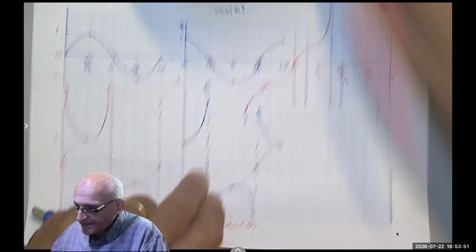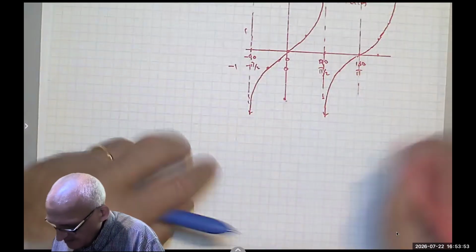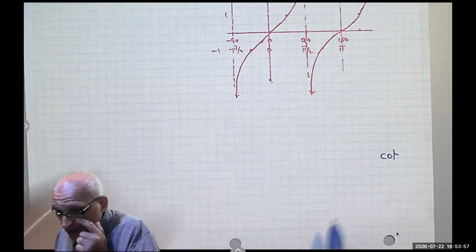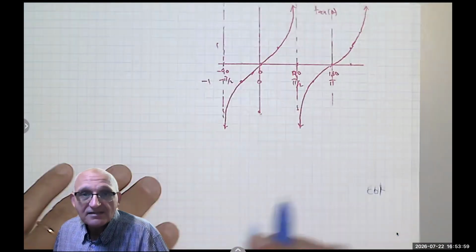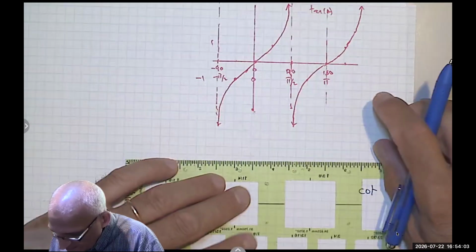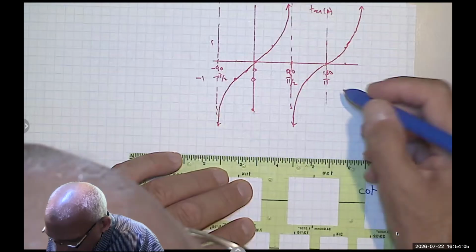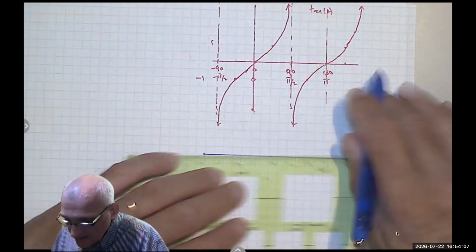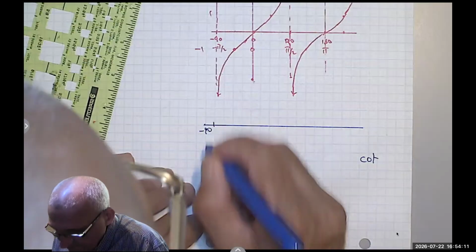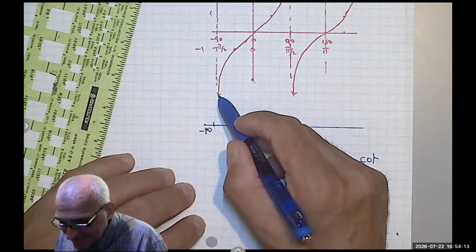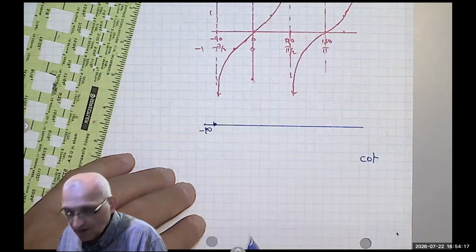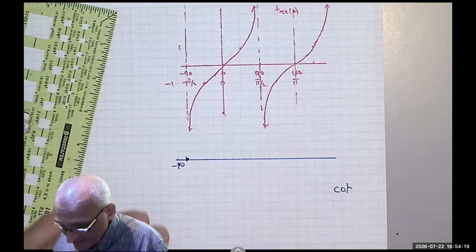If I want cotan theta, so this is tan, cotan is 1 over that. So when the tan is at negative infinity, at negative 90, that is at 0, because 1 divided by that is 0.